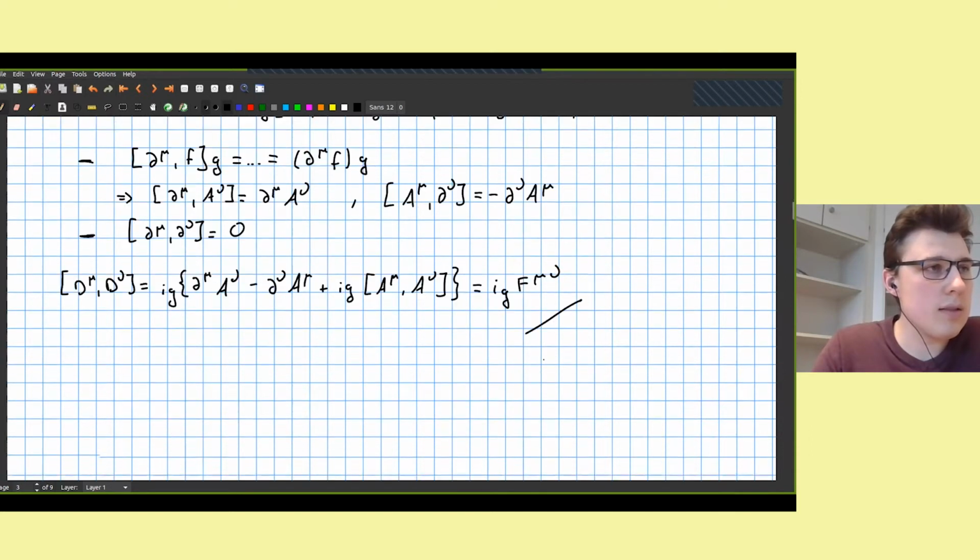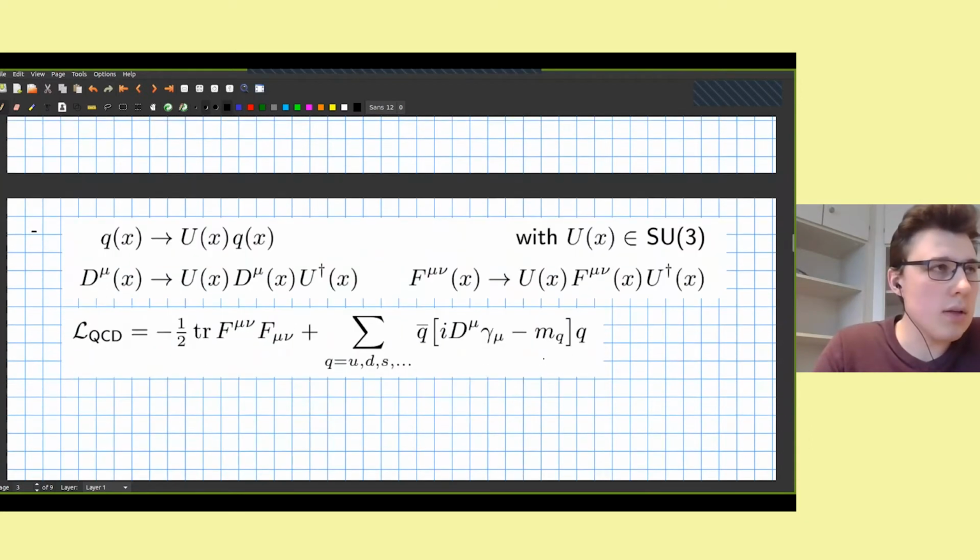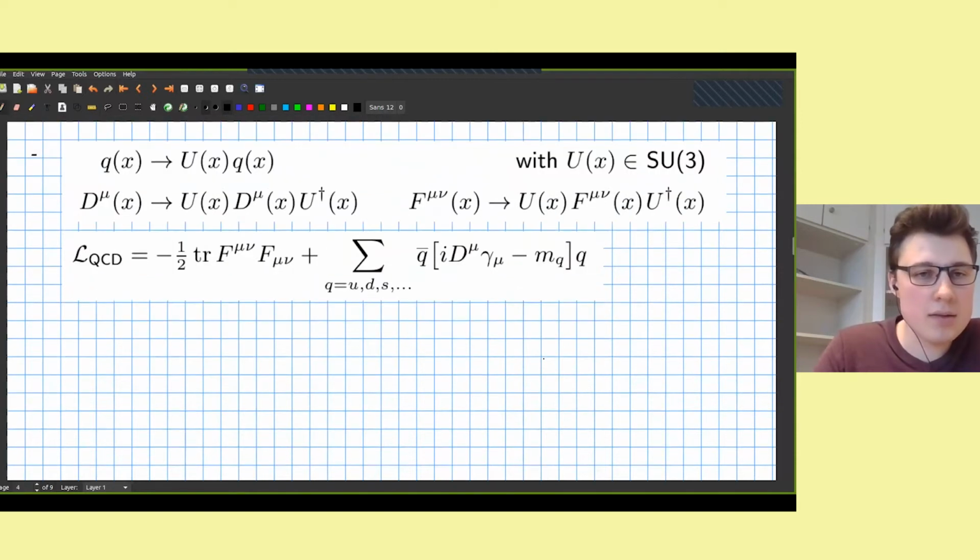So let's continue with the last sub-exercise of exercise 1, which is the behavior of the QCD Lagrangian under SU(3) transformations. The relevant properties under SU(3) were already given in the lecture. I copy-pasted them here in the first 2 lines. So let's again start with the first term of the QCD Lagrangian.